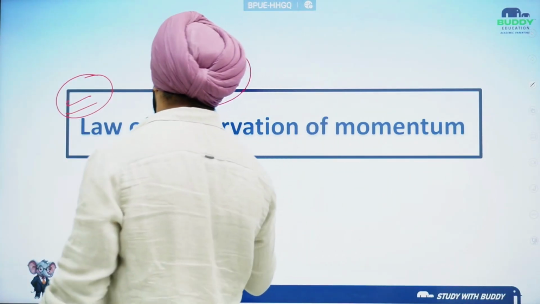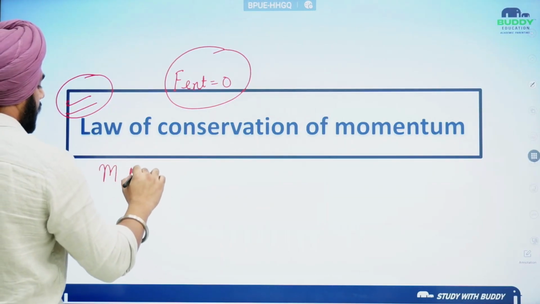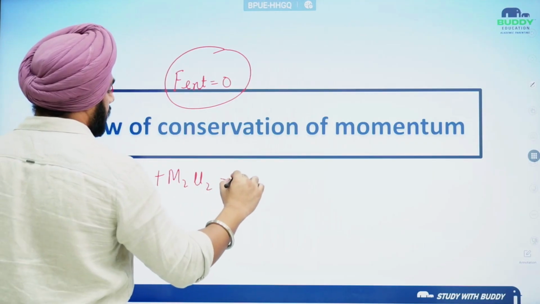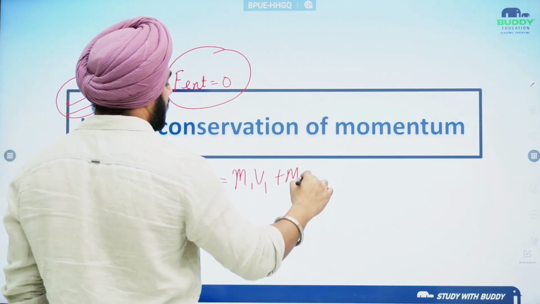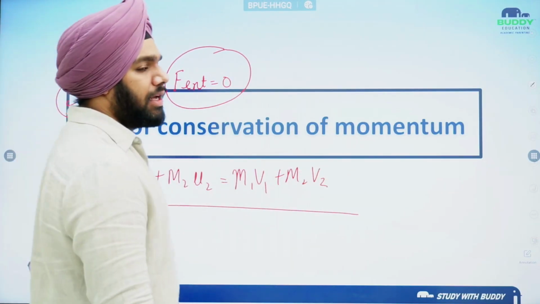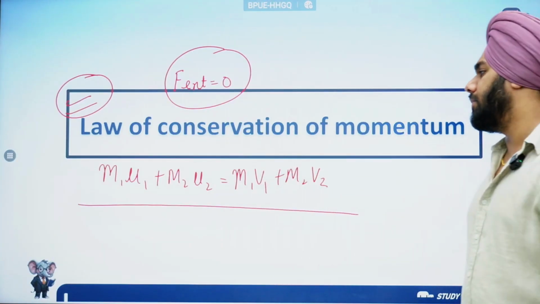We have to understand, like if I write a simple statement, m1u1 plus m2u2 is equal to m1v1 plus m2v2.